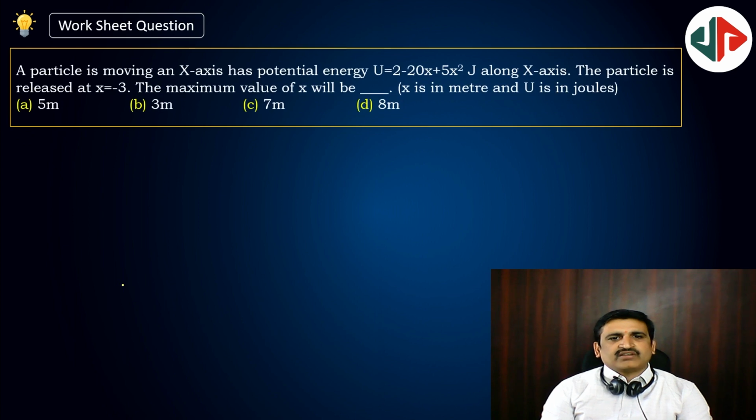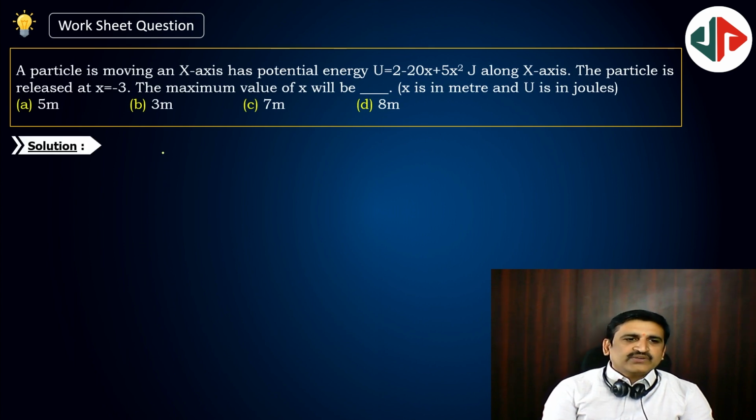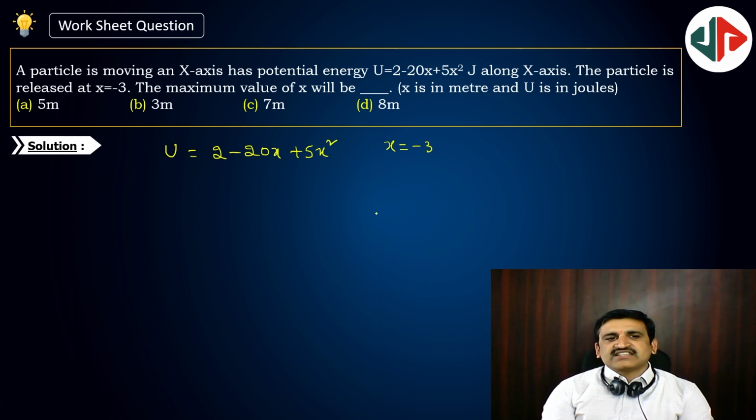Next. A particle moving along the x-axis has potential energy U equal to 2 minus 20x plus 5x square along the x-axis. The particle is released at x equal to minus 3. Maximum value of x is where the particle's potential energy will be converted into kinetic energy completely, that is one extremity, right?